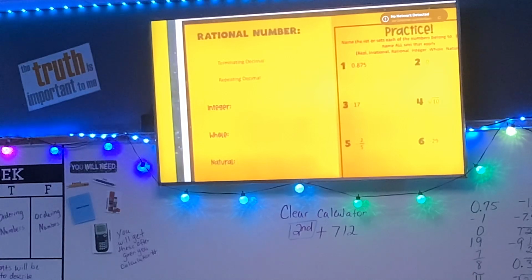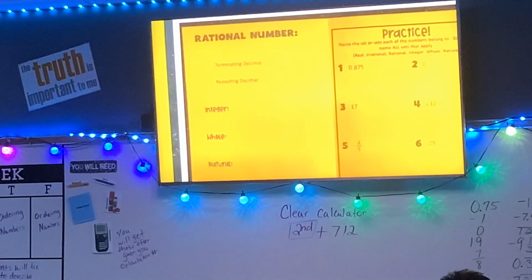So I'm just going to go over it. You don't have to write on the left-hand side. You can just pay attention to what I'm saying. If there's something extra that you need to write, you are more than welcome to write it on there. Okay? So a terminating decimal is a decimal that stops. It terminates.